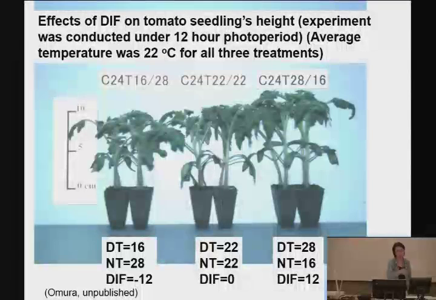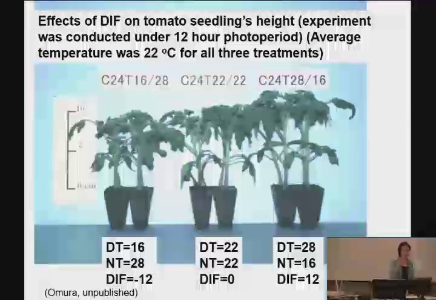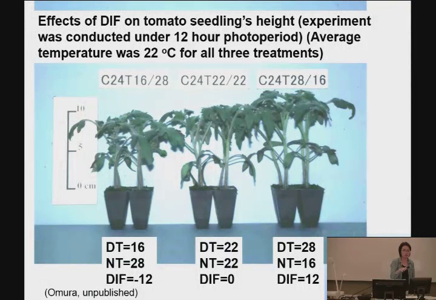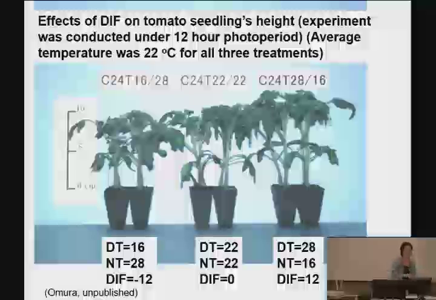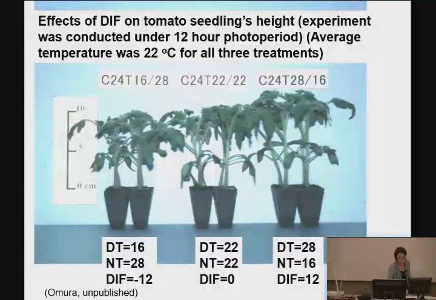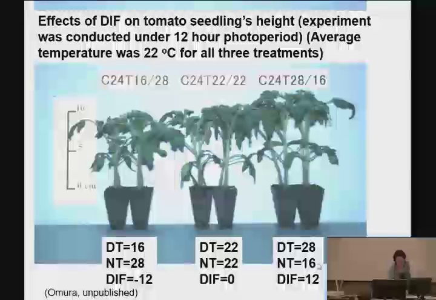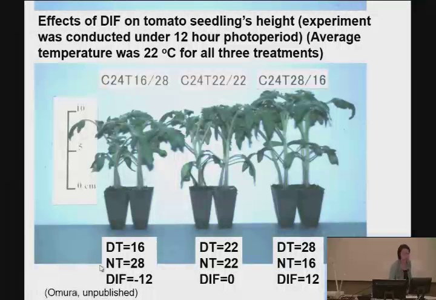Particularly with tomatoes, it's continuously growing, so you can't really tell if it is because of the growth enhanced or because of the stem elongation enhanced if you just look at the stem height. So that's why we design this way. So the average temperature is always, regardless, 22 degrees C in this case. All right.